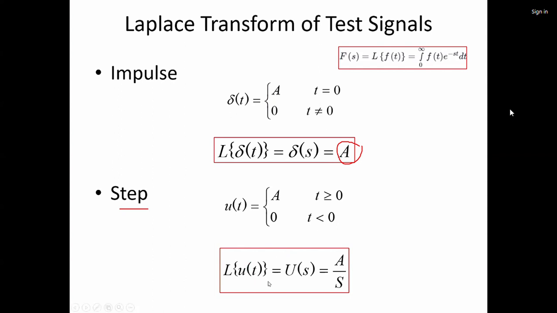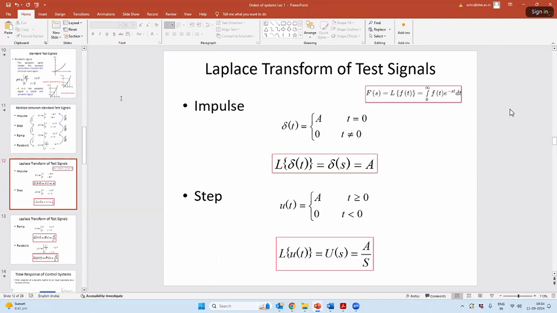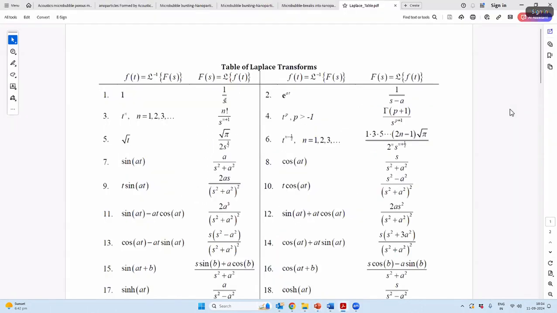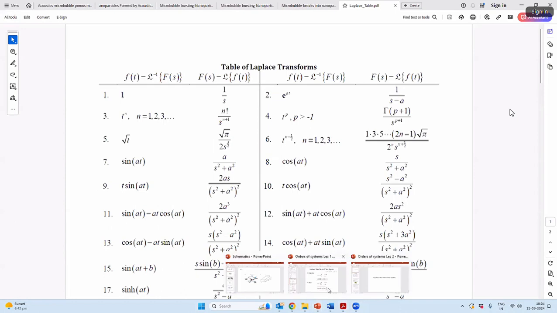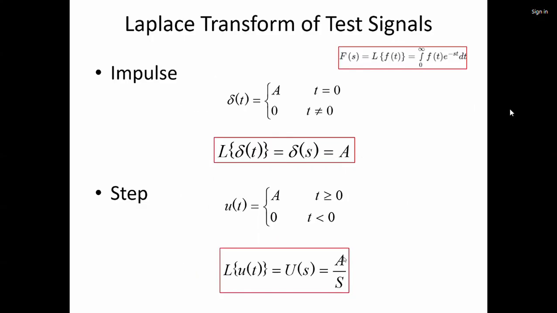And if you go to this table, you can see that the Laplace transformation of 1 is basically 1 over s. Okay. So essentially, A is a constant, so A you take out and then you do a Laplace transformation of only 1. So you get A by s. Okay.